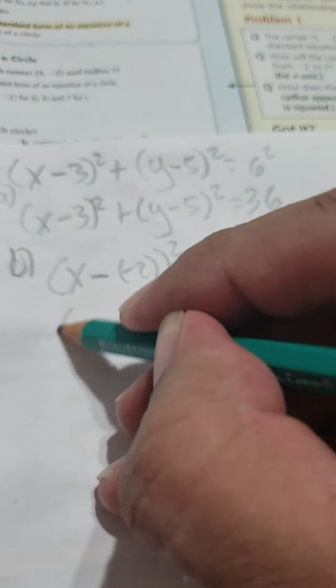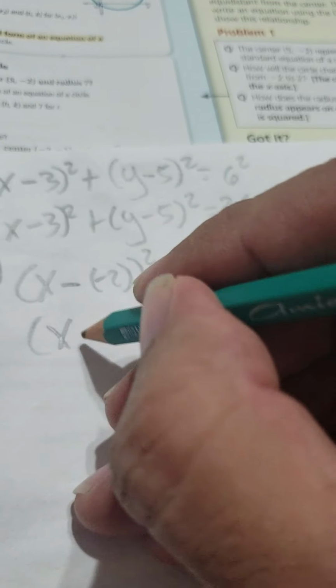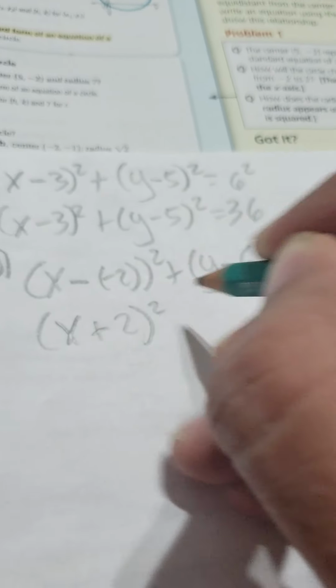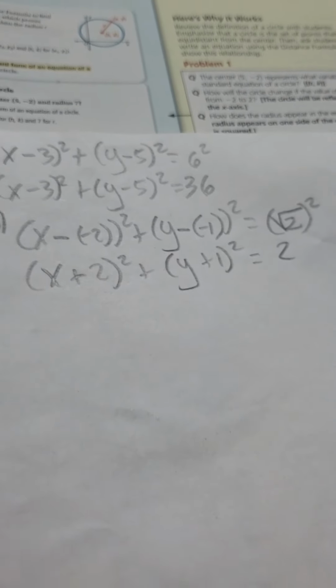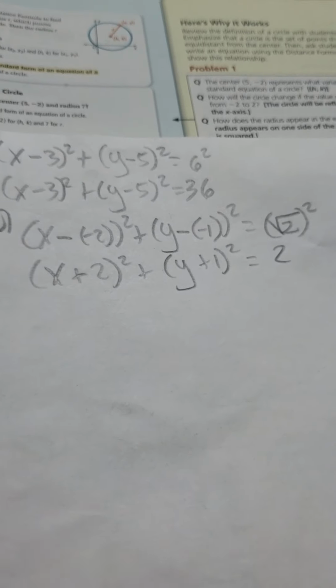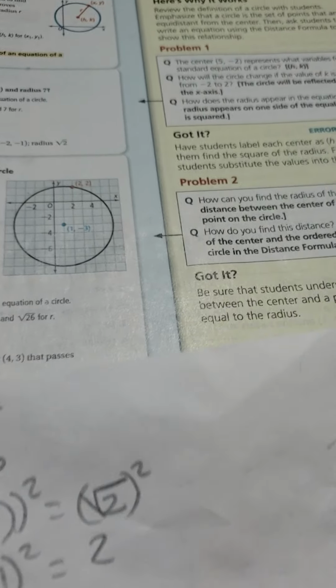Now, let's make the changes here. (x + 2)² + (y + 1)² = the square root of 2 to the second power, which is 2. And those are the answers for A and B.